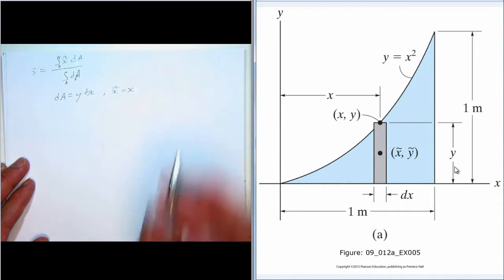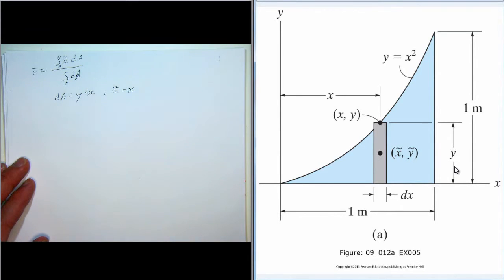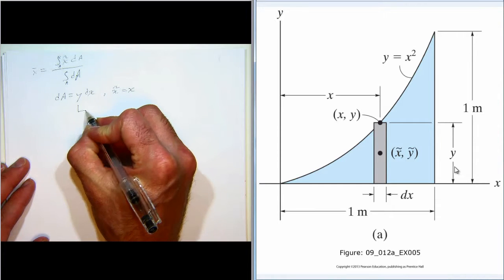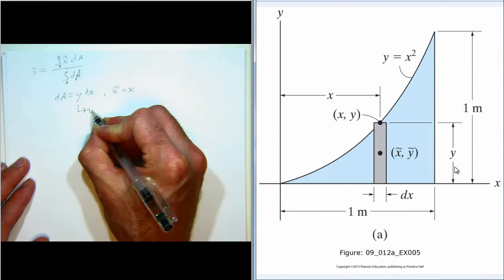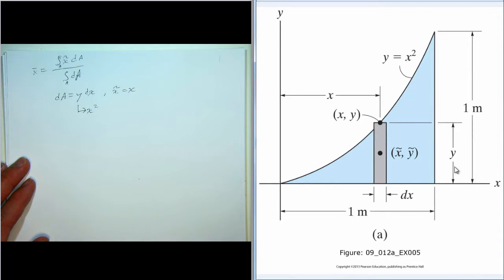So we'll just find the x location for the centroid, because the y location is the same thing, or really similar. And then here we'll substitute y, so y is equal to x squared from the equation for that line that defines the upper limit of that rectangle, the gray rectangle.